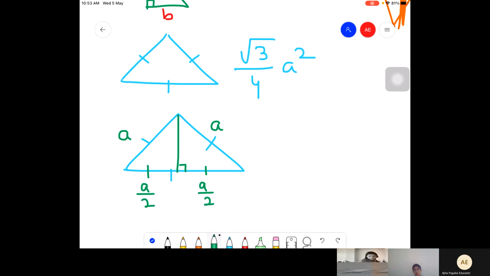So can I find out the height here using Pythagoras theorem, saying my height is the root of a square minus a upon 2 whole square?